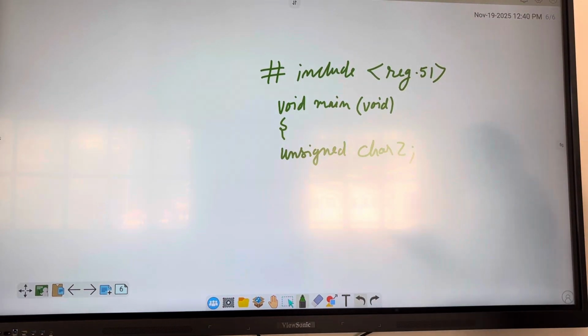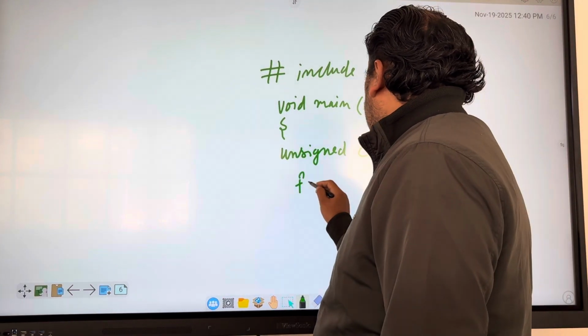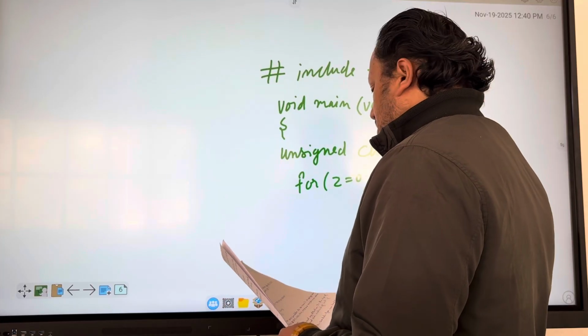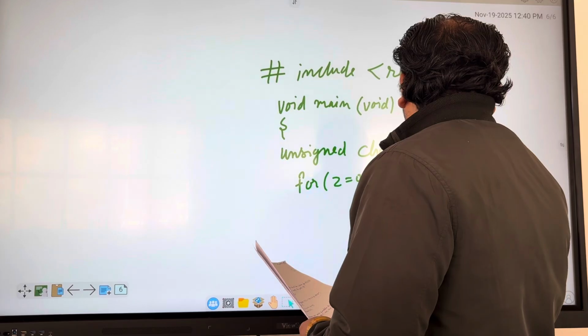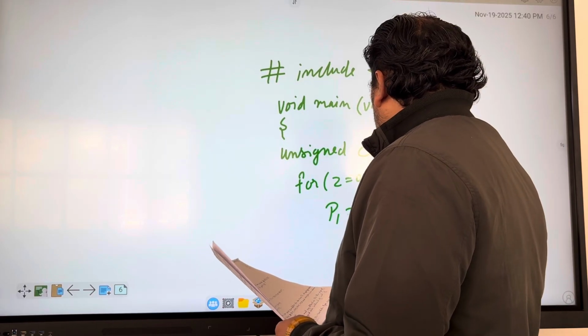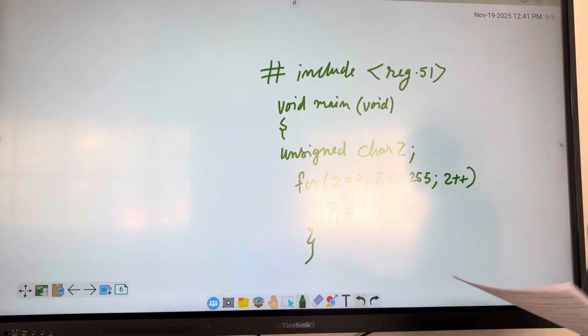So unsigned char you have defined as Z. Now apply your for loop. For Z equal to 0, Z less than or equal to 255, Z plus plus, and give your port 1 as Z, and then close. So that's your program.